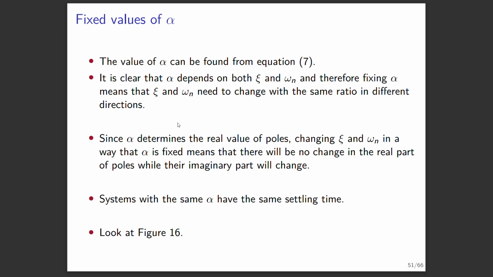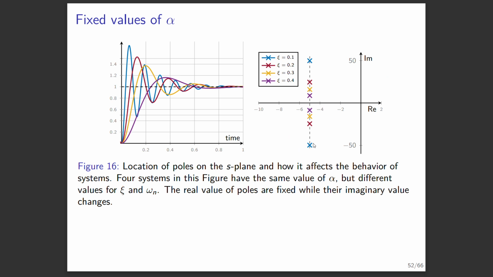Okay, how about alpha, fixed value of alpha? Equation 7 that we had before tells us what alpha is. Alpha is basically the horizontal value of my poles. So if different systems have the same alpha, despite having different damping ratio, their poles are going to move vertically.